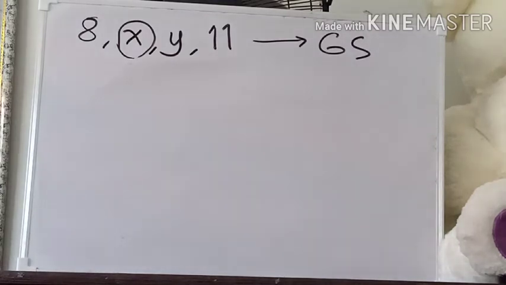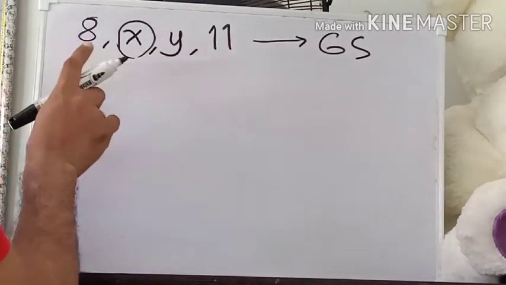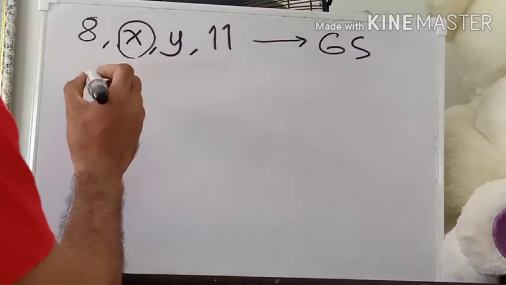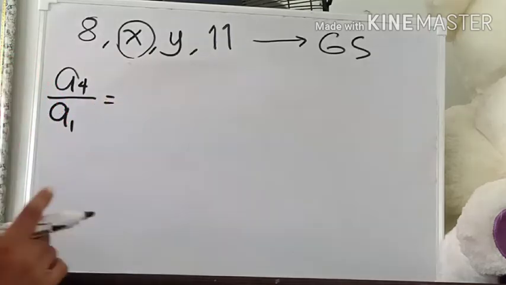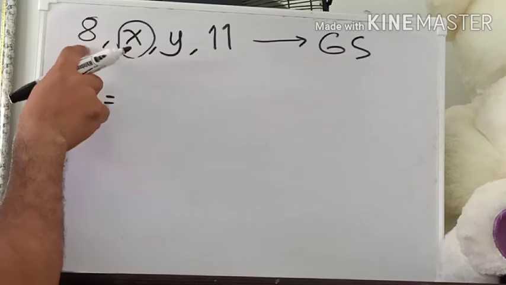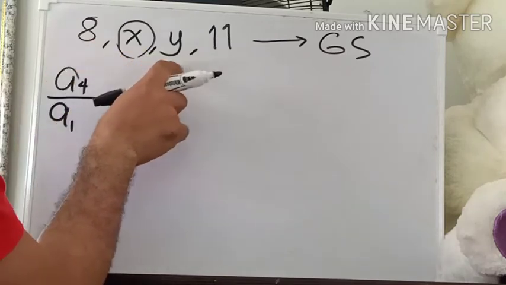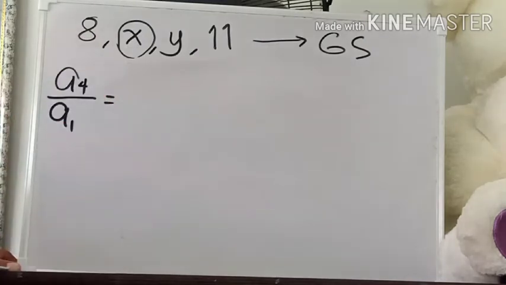So how are we going to find the common ratio? To find the common ratio, you can divide the fourth term by the first term. So that is a sub 4 divided by a sub 1. And a sub 4 in terms of a sub 1 is a sub 1 times r raised to 3, because from the first term, you are going to multiply 3 common ratios to the first term to obtain the fourth term.